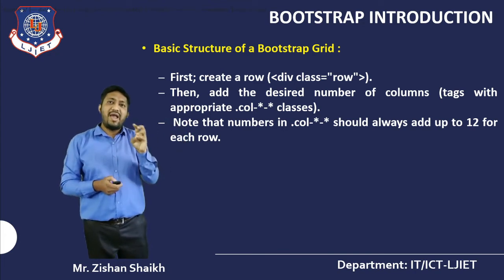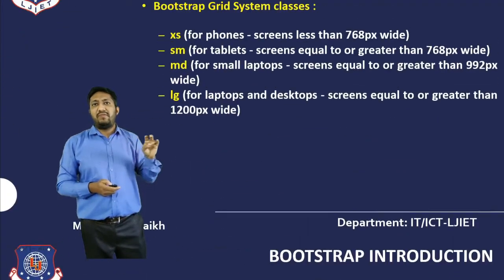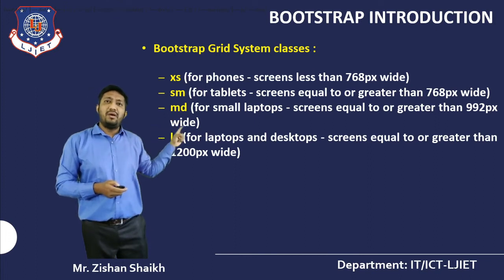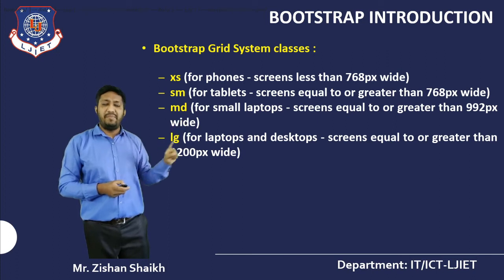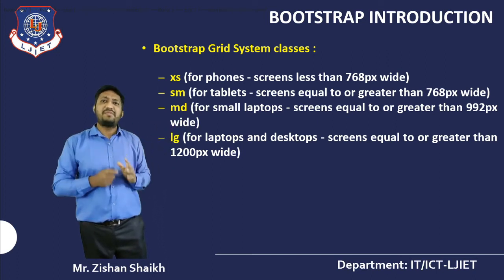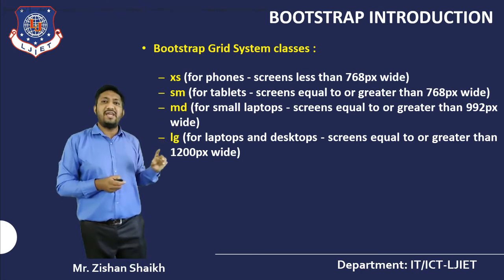First, I require which type of screen I want to create. For example, suppose I am creating for my small laptop. For row number 1, suppose I am creating the design for a medium-scale device. For that, the syntax for the device name is MD.